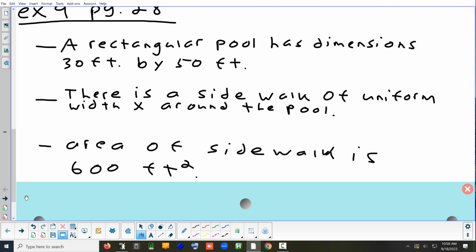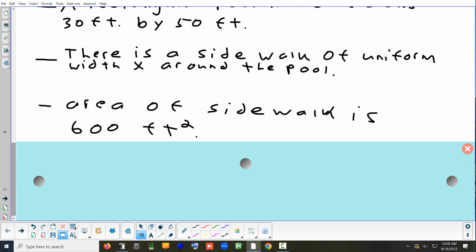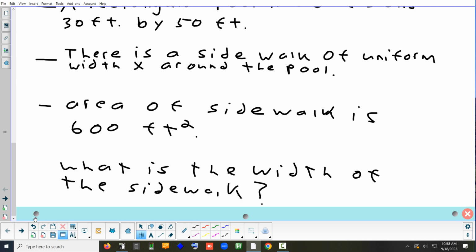But we do know the area. So the area of the sidewalk is 600 square feet. Find the width.